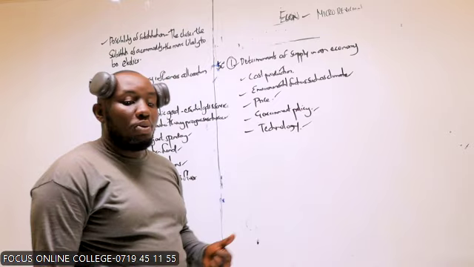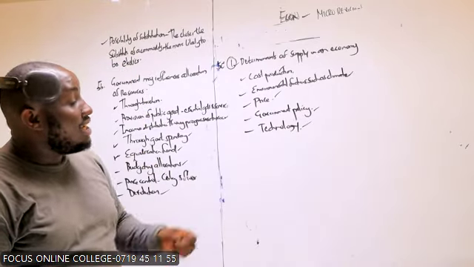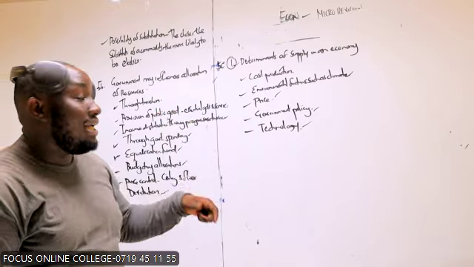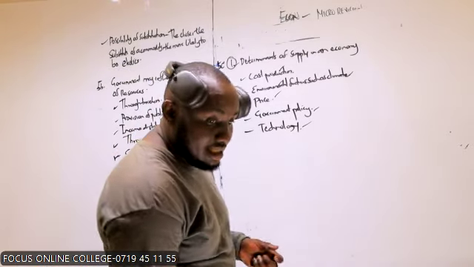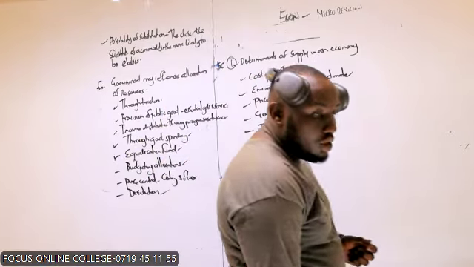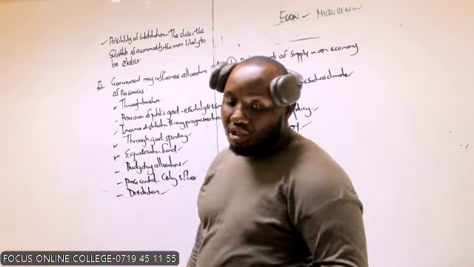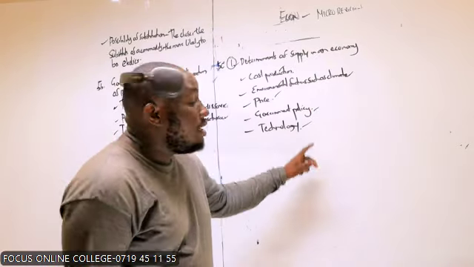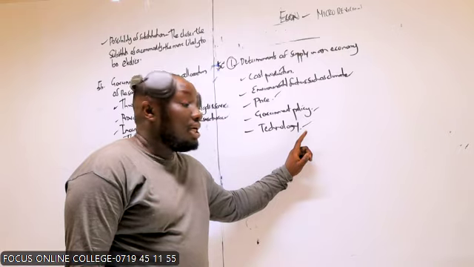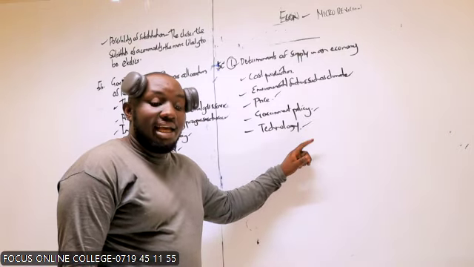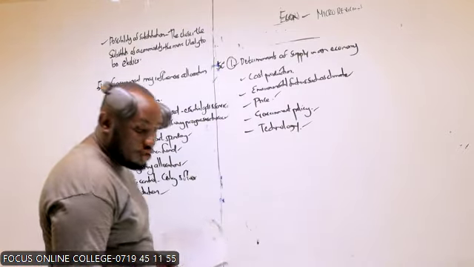We have good policies and bad policies. When the government provides subsidies, supply is going to be high, and vice versa where the government raises taxes. And on technology, we have good technology and obsolete technology. With better technology, supply is going to be high, and vice versa for obsolete technology.